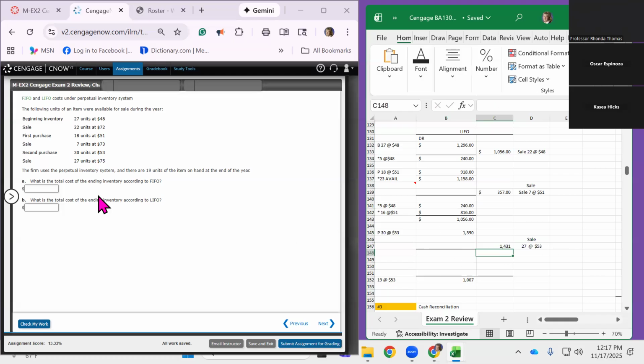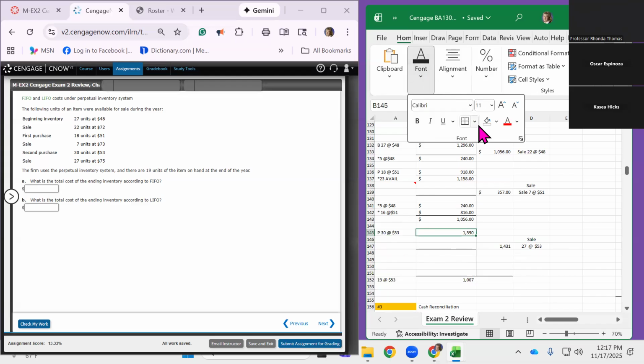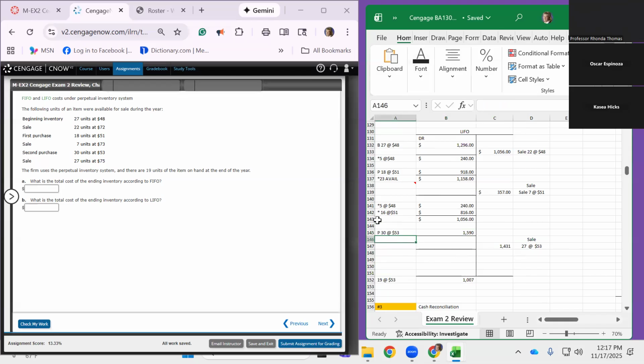Okay, I got 1431. And then, okay, and so how many do we have remaining now? This is now we need to come down here. But I am going to do this. I'm going to show you that we would have had to have a total, but five, and I've just got to add it together.